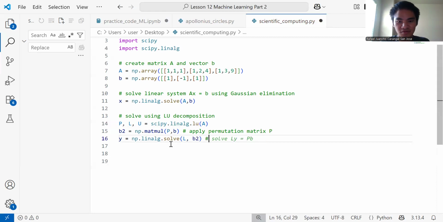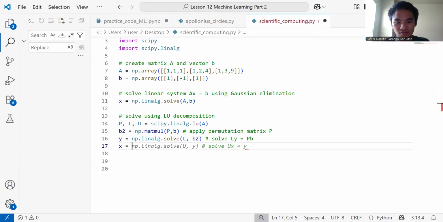Here's that solving for Ly equals b2. Then we do our x. So x is now np.linalg.solve with U and y. This is where we solve Ux equals y.